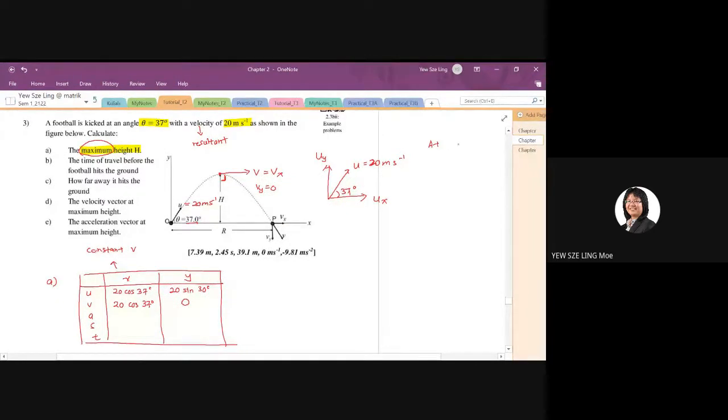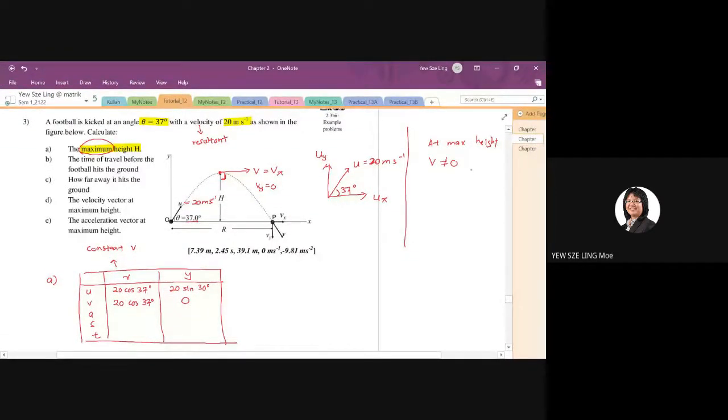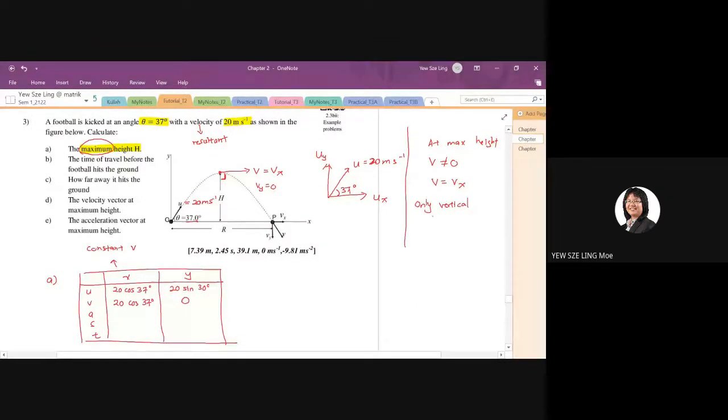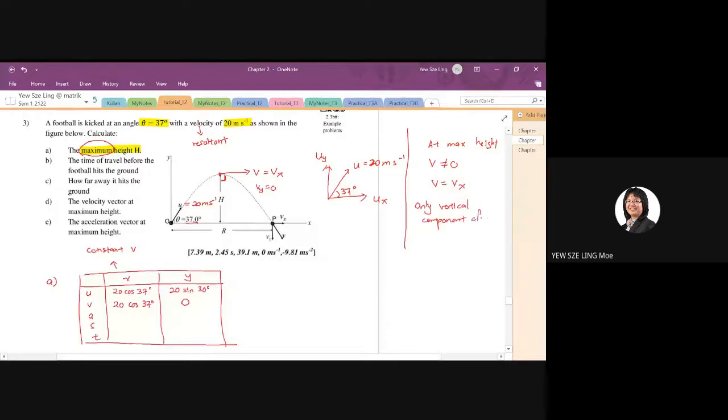So at max height, V is not equal to 0, right? V is equal to Vx. So only the vertical component of V, which is Vy, is equal to 0.